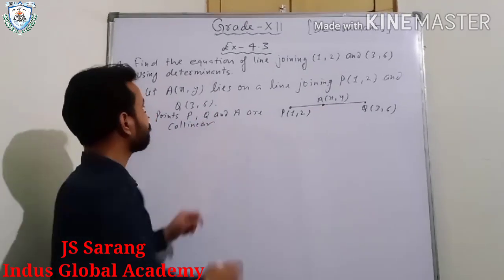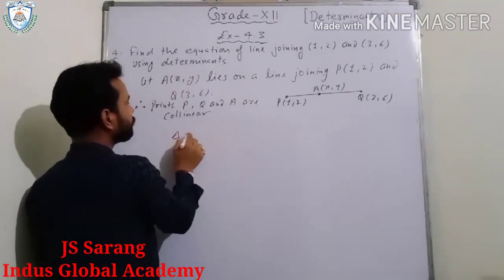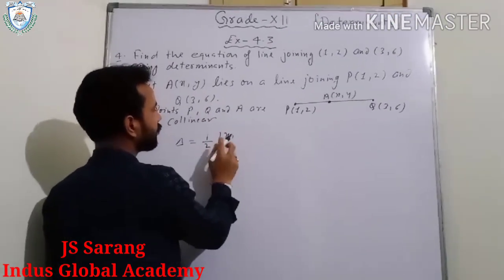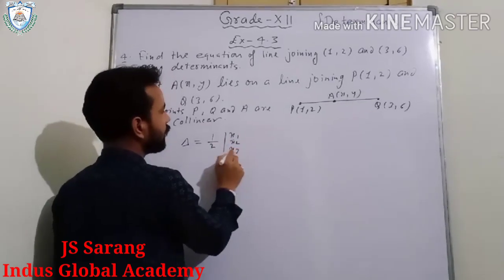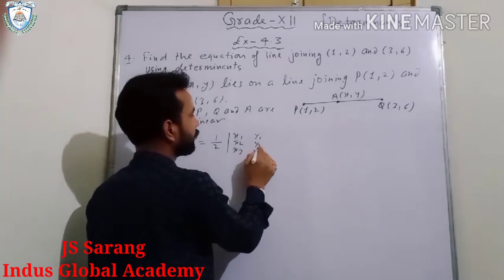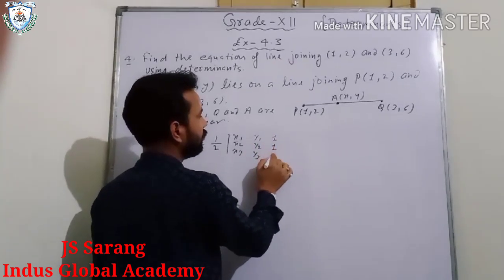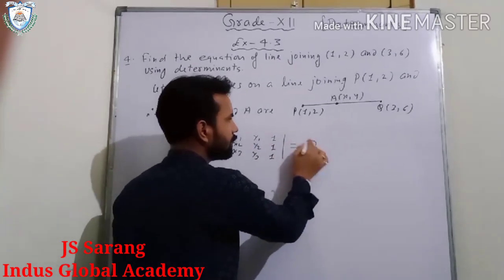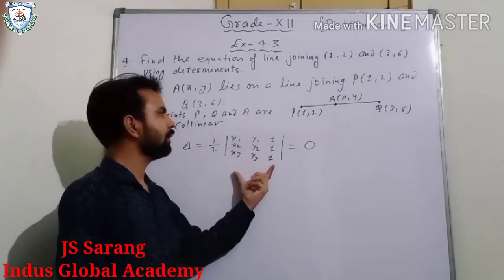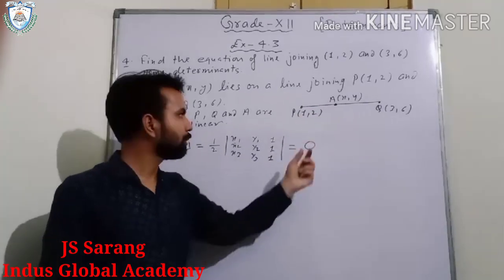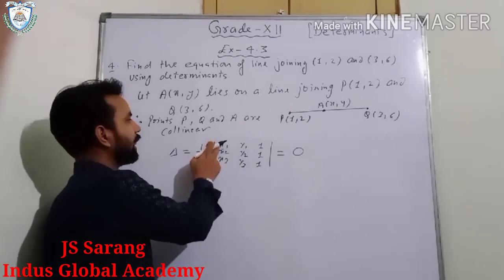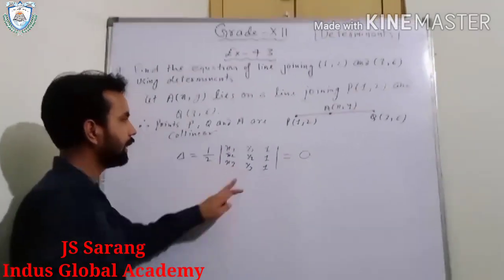Or if these points are collinear, then the area of the triangle, 1 by 2 times the determinant with rows x1 x2 x3, y1 y2 y3 and 1 1 1, must be 0. If these 3 points are collinear, then the area of the triangle formed by these 3 points must be 0. Understood? Now we have to substitute the values of x1, x2, x3, y1, y2, y3 in this determinant.